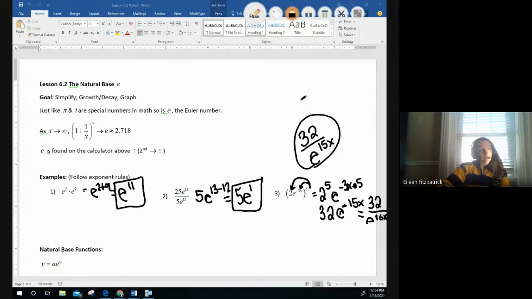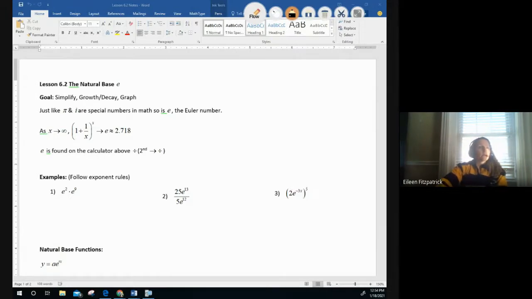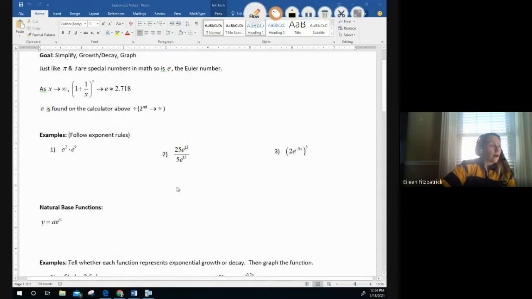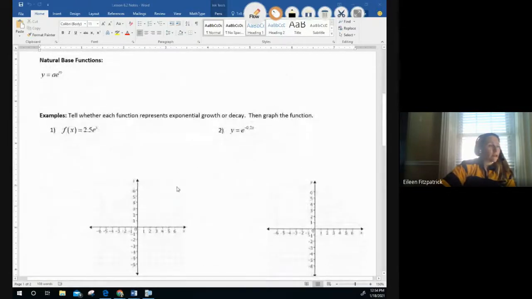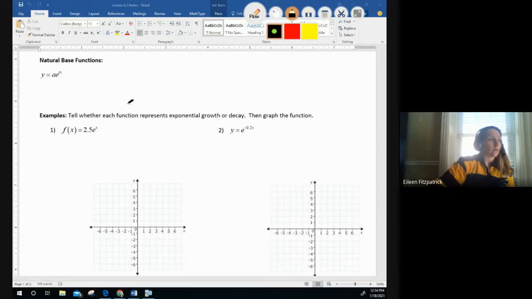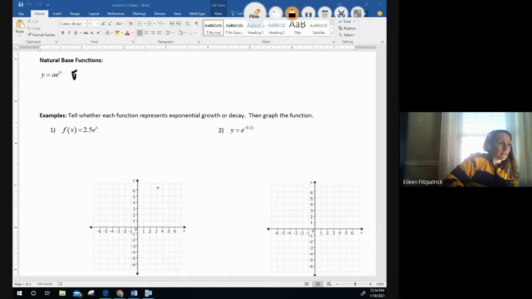Okay, so let's keep on moving along. We have natural base functions, all right? y equals a e raised to the rx. Now, when your a value is greater than 0 and your r value is greater than 0, that's going to be exponential growth.